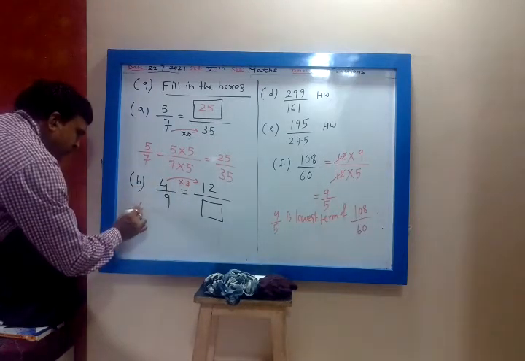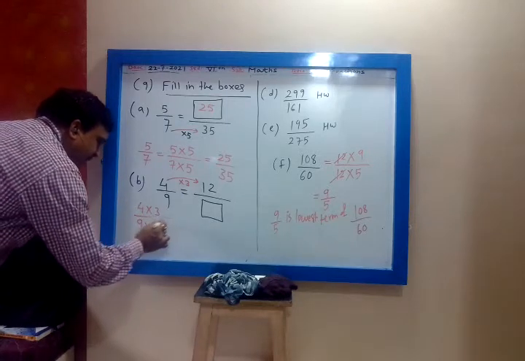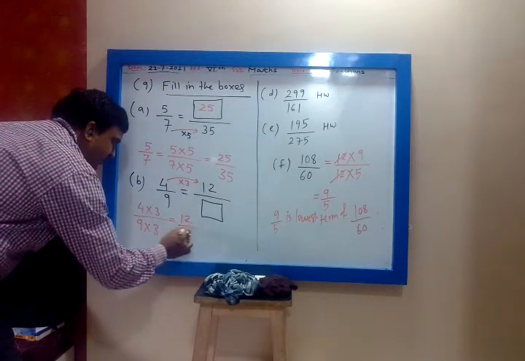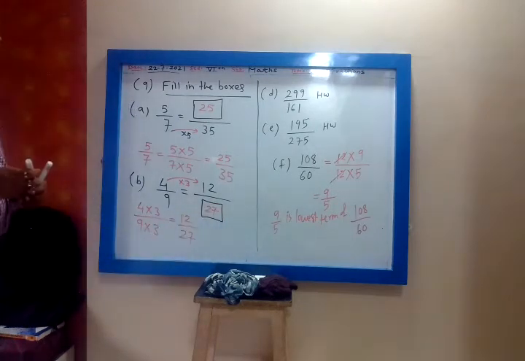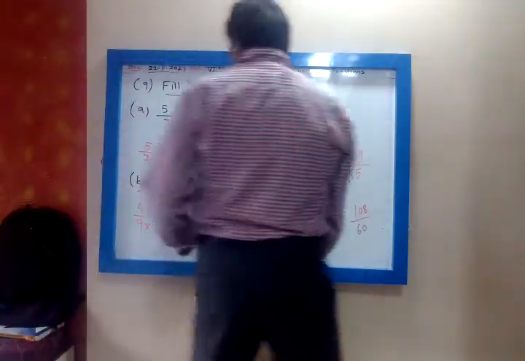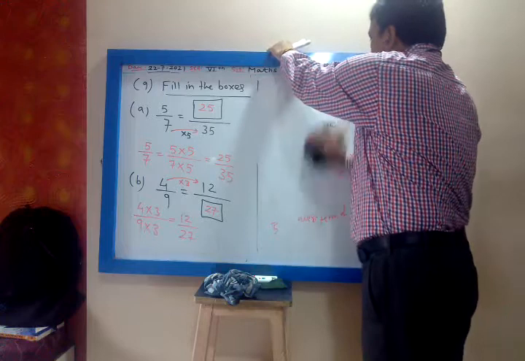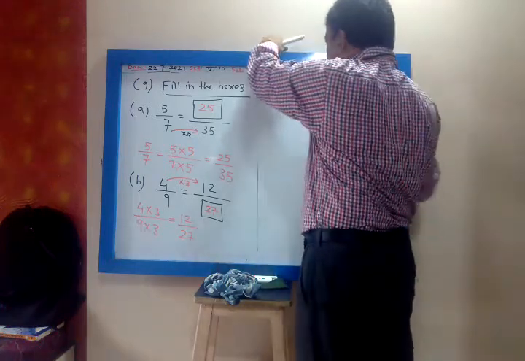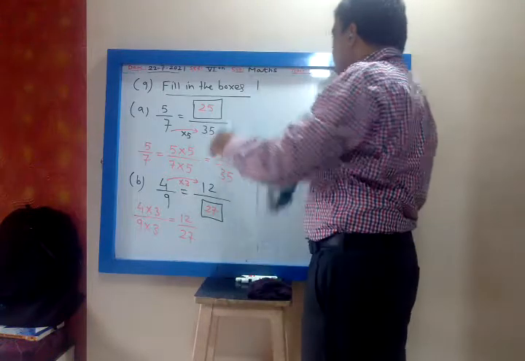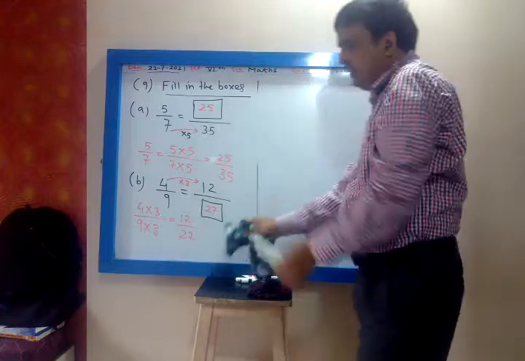So 4 into 3 upon 9 into 3, that is 12 upon 27. In the box you will write 27. You have to see, numerator is 4, numerator is 12. When will 4 become 12? When I multiply 4 by 3.